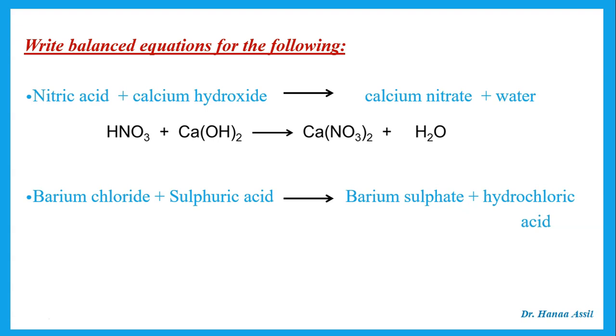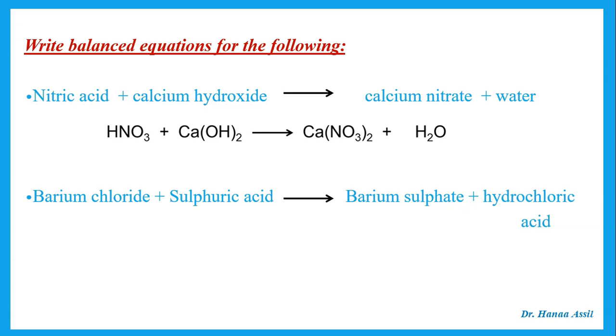So to balance the equation, we count the atoms on both sides of the arrow and increase the one that is less. So if we say how many calcium, for example, before the arrow I have 1 calcium, after the arrow I have 1 calcium. How many hydrogens? Before the arrow I have 1 in the HNO3 and 2 in the calcium hydroxide. So I have a total of 3 hydrogens.